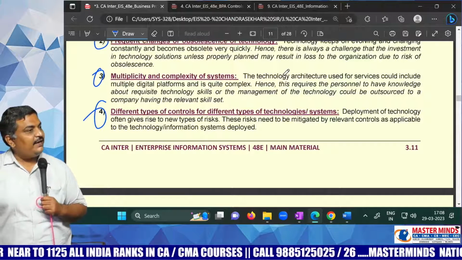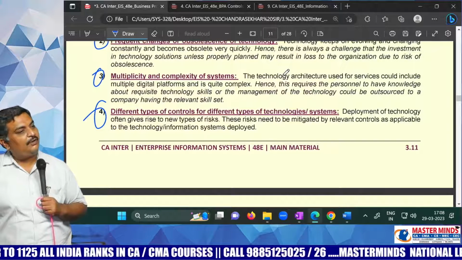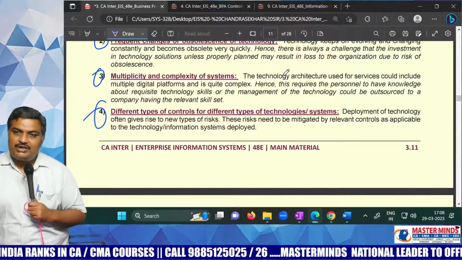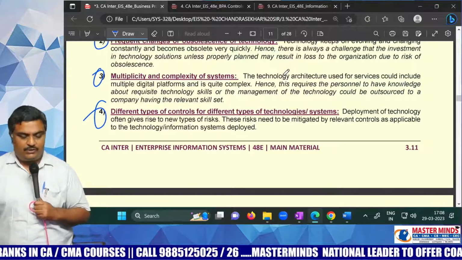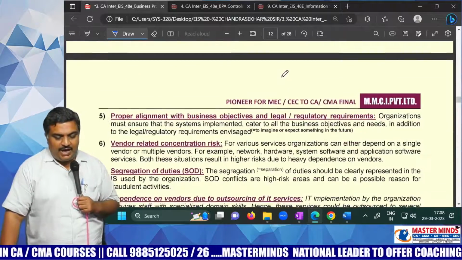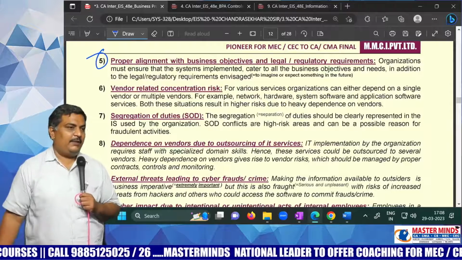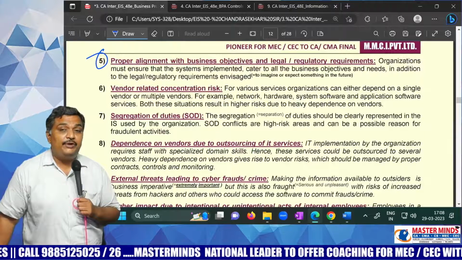The controls for the attendance system are different from the controls of the examination system. Depending on the system, the controls change, and you need to have all the controls in place, and proper alignment with business objectives and legal or regulatory requirements. You cannot make software on your own.